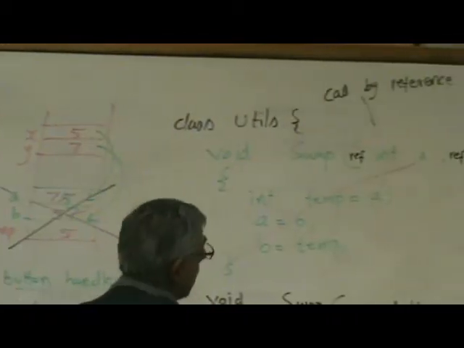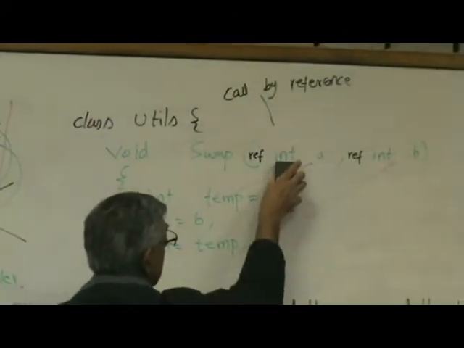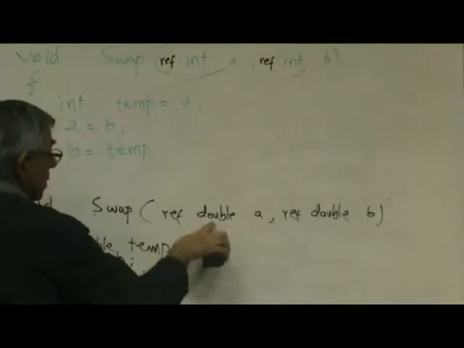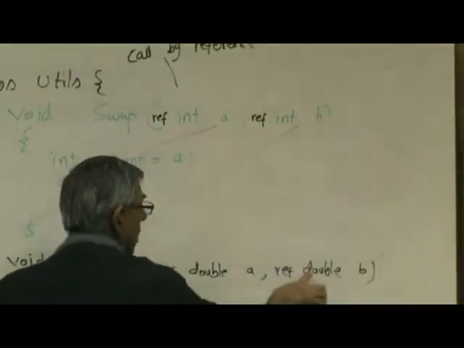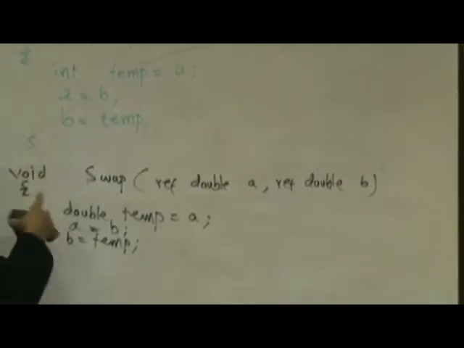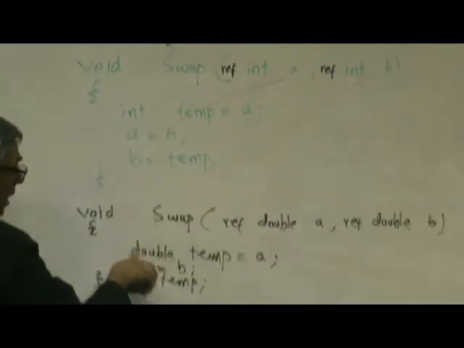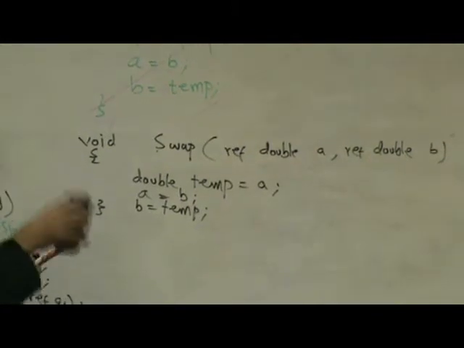When we write it, rather than saying this will be int, compare these two. Here this was int, this was double, right? Where else were we making the change? This temp here was int, here it was double, right?